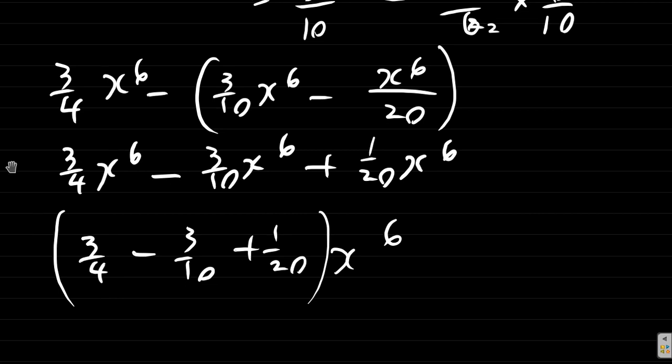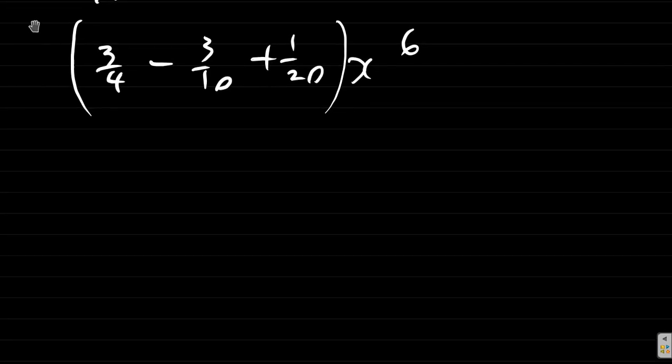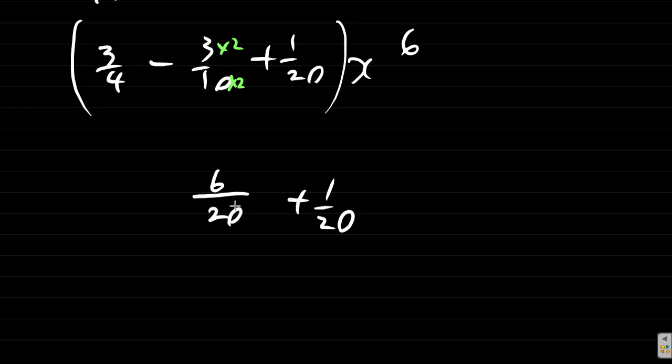Now, let's use common denominators. See if we can work this out. We're going to have this 10 times 2 up here times 2 as well. So what we have is 3 times 2, 6, up top over 10 times 2, which is 20.